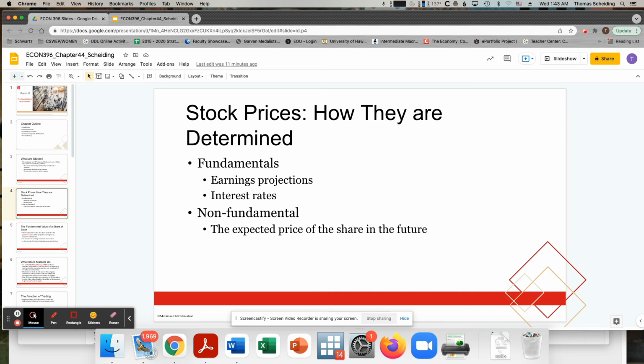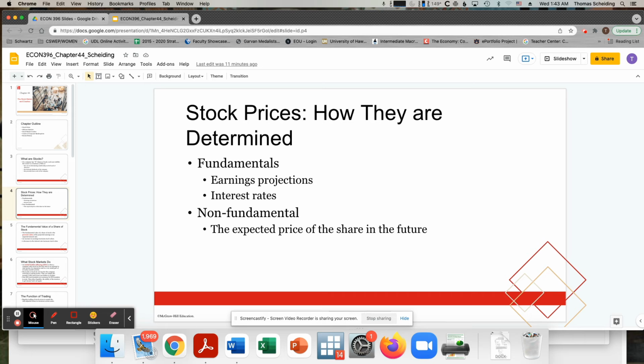The fundamentals meaning what the company is projected to earn in the future, and what interest rates are expected to be in the future. And by making a bet on what we think these things are, we calculate what the share price ought to be.